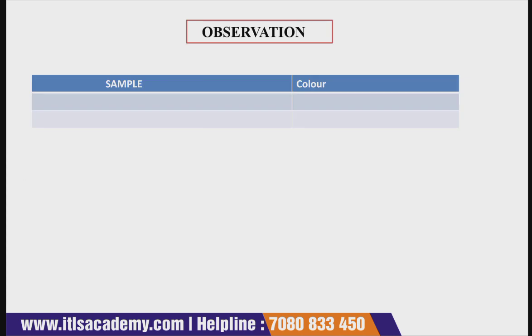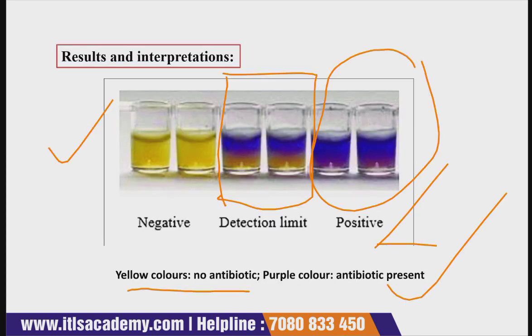And they can ask you what the result is. If there is a yellow color after the procedure, what does yellow color indicate? It indicates there is no antibiotic. And if it is purple, it indicates antibiotic.